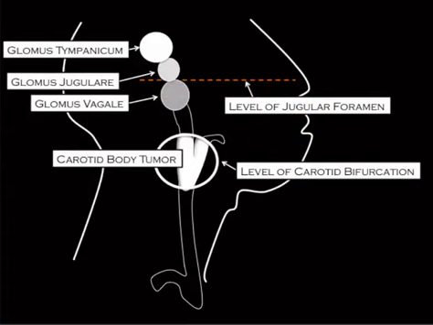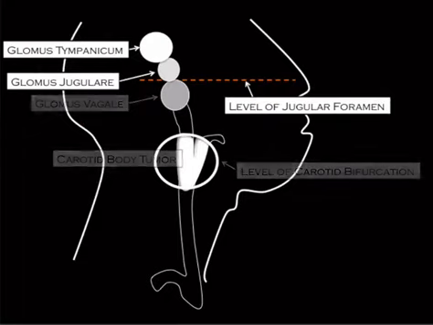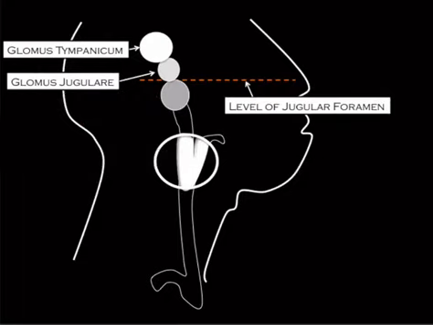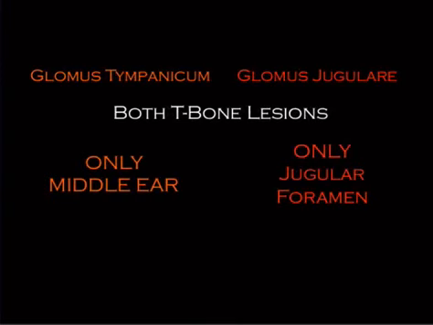Okay. All right, so now we've done the stuff below the level of the jugular foramen. Let's do the stuff above the level of the jugular foramen. So these are going to be basically your T-bone lesions. The way to distinguish between them is that the tympanicum, you can think of the tympanic membrane, that is the one that's in the middle ear.